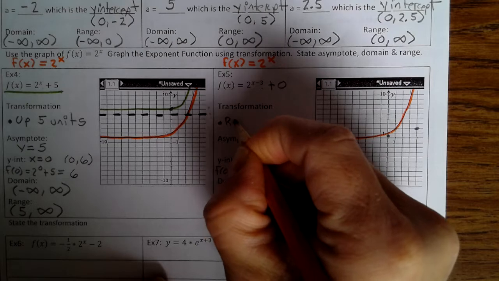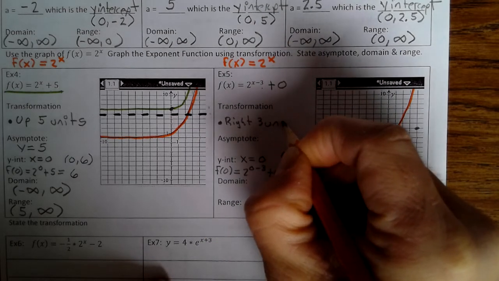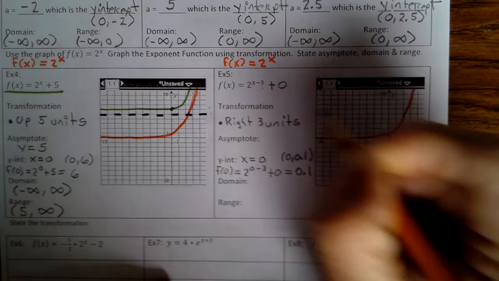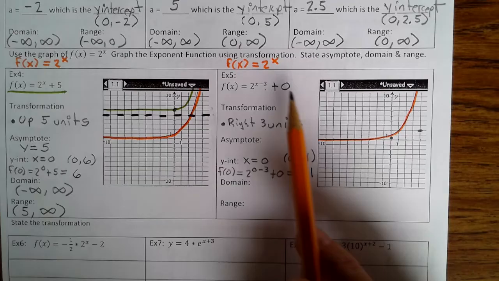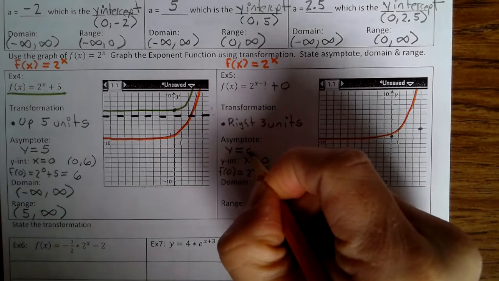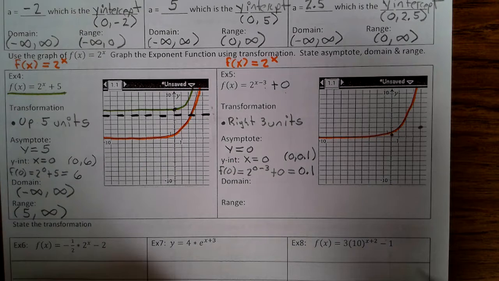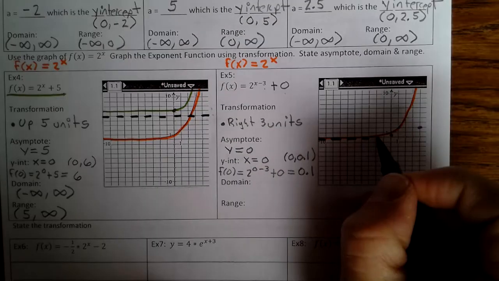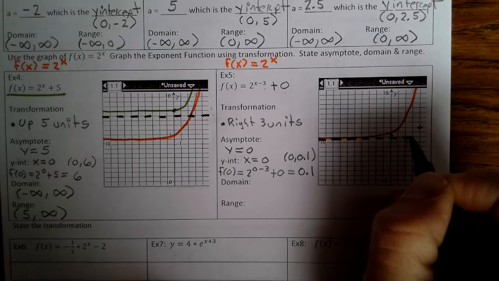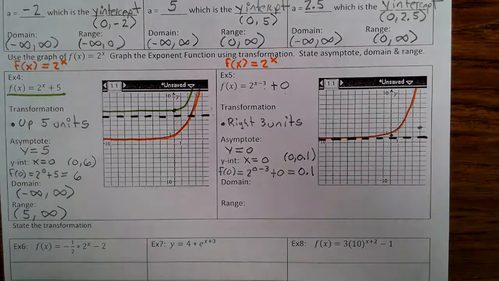Now the asymptote we know is 0, so y equals 0. And so we have 2 points to our graph. Now it's hard to graph because it's so small, but it's pretty much there to there, okay?